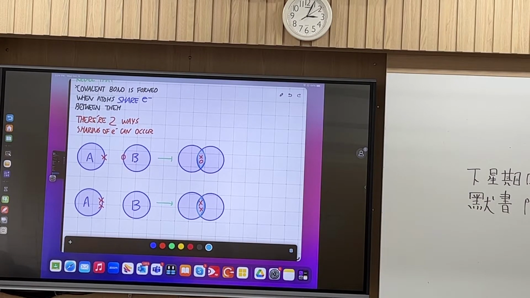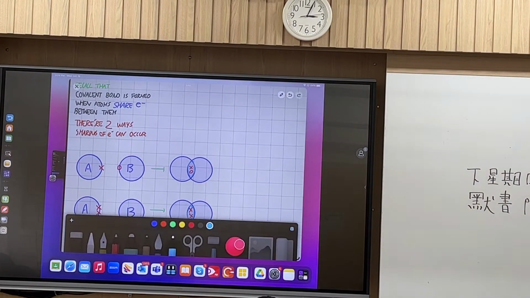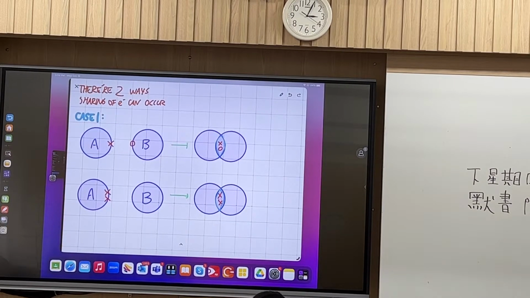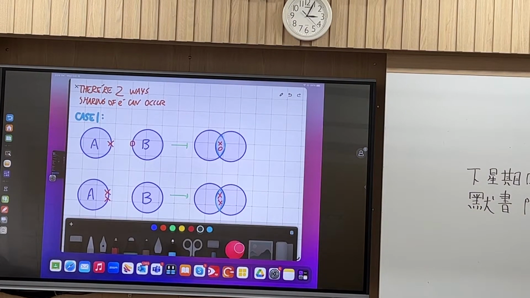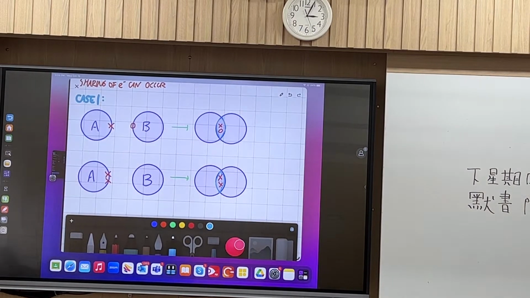Bonding electrons, okay? So can you put down case 1 here? Write down what this is about. Case 1 is where the bonding electrons come from both atoms, contributed equally by both atoms. So the bonding electrons are contributed by the two atoms equally.